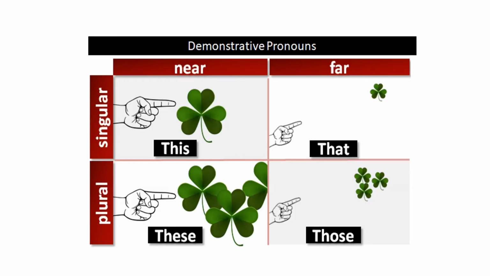Singular, this is my plant. Far, that is my plant. Plural, near, these are my plants. Plural, far, those are my plants. Look at the picture, it helps you understand.